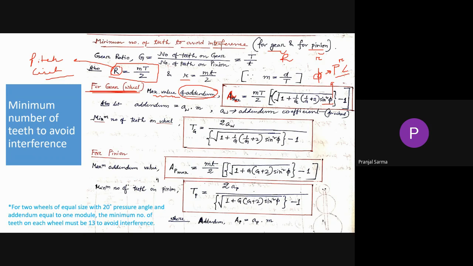Also, the addendum is given by the addendum coefficient. Right now we are talking about the wheel only.